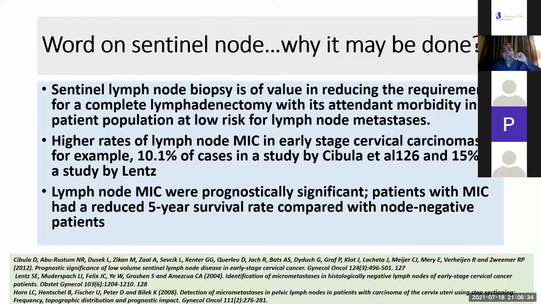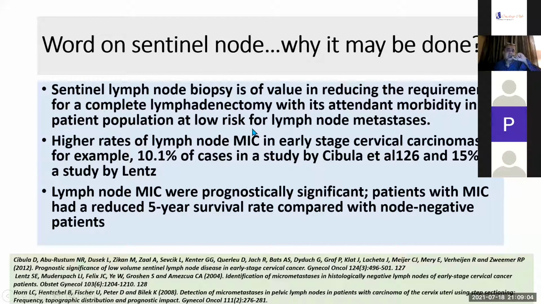There is lymphedema, there is lymphocele, collection of lymph. So sometimes in certain very early cervical cancers, the surgeon would send you a sentinel node for frozen section to look at whether there is a micrometastasis or not. Because there are chances of micrometastasis up to 10% in certain studies, even in early stage cervical cancer. And they sometimes do influence prognosis, even micrometastasis is prognostically significant, and many studies have proven that.